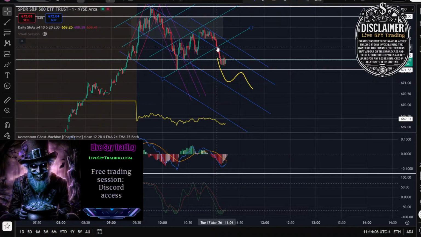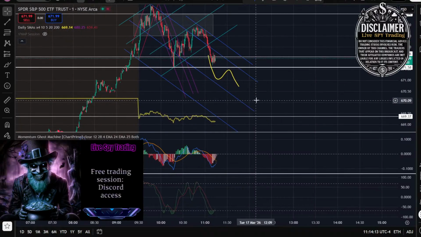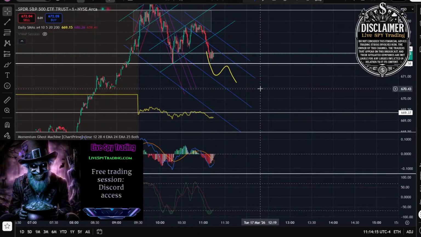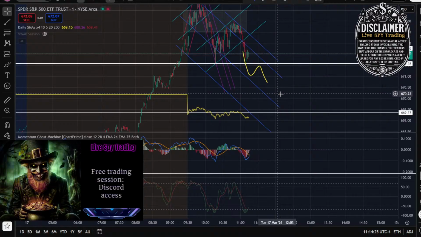All right, if you're doing exit strategy legs, you need to tighten up your stop. If you're waiting for the cross back above, you're gonna have to survive a lot of discomfort.